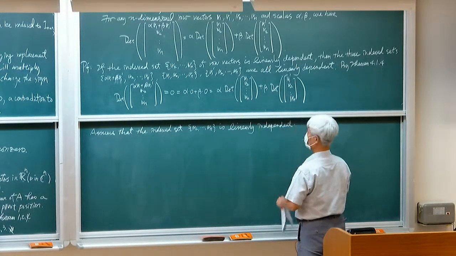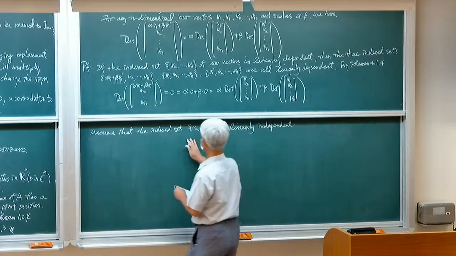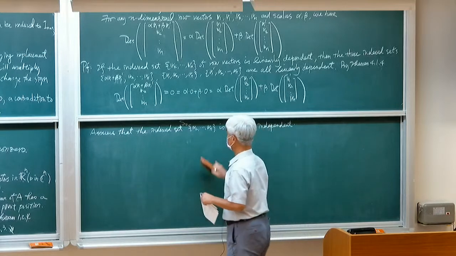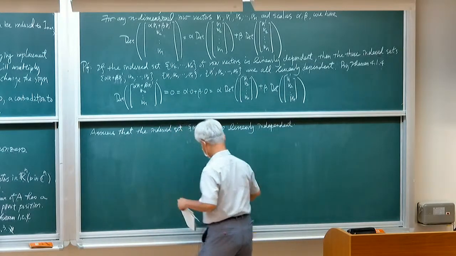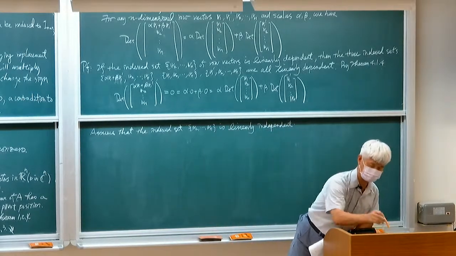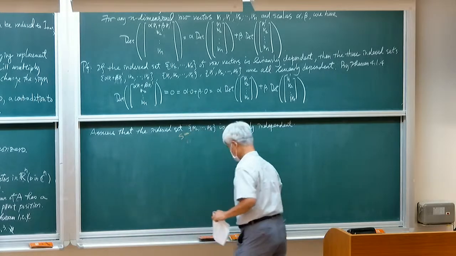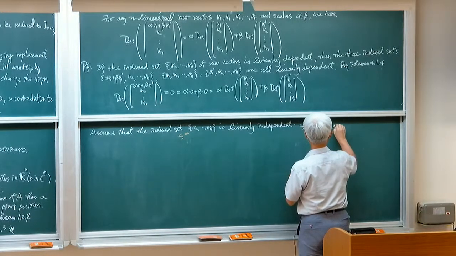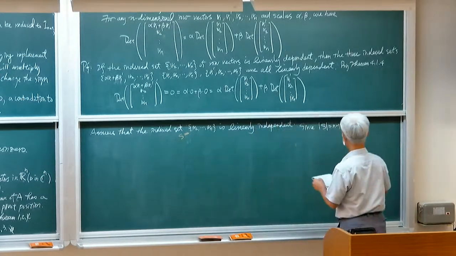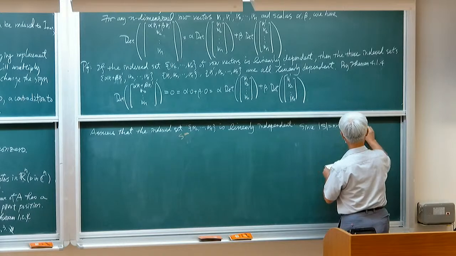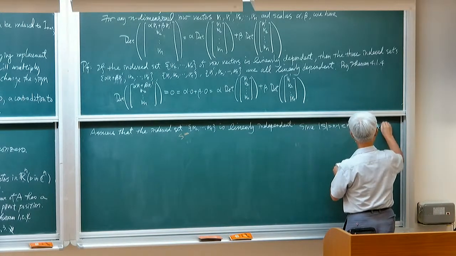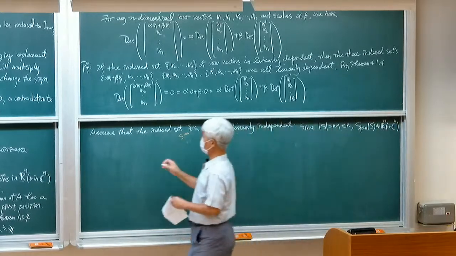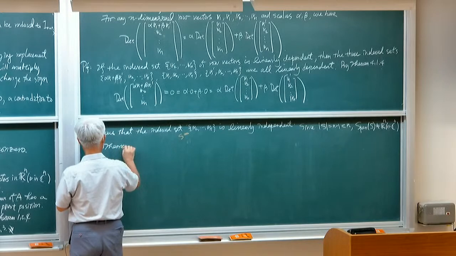We call this set S. Now, since the size of the linearly independent set is n minus 1, which is less than n, the span of S is not equal to Rn over Cn, by theorem.